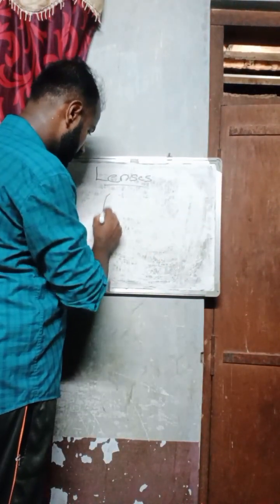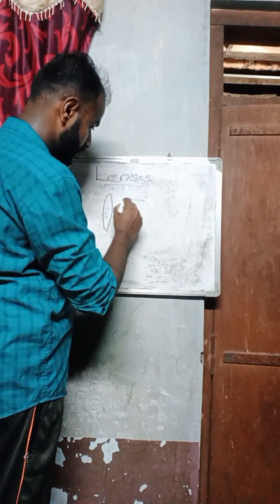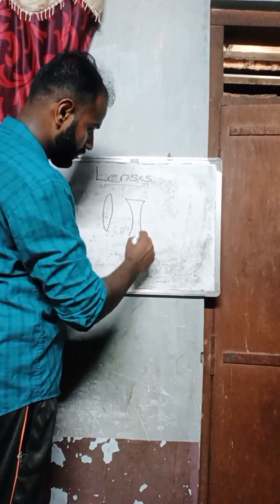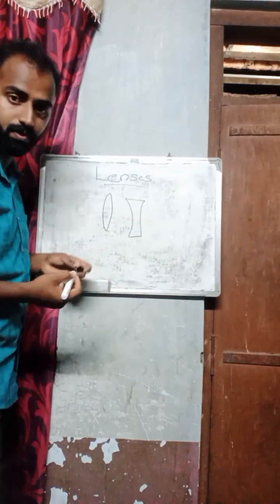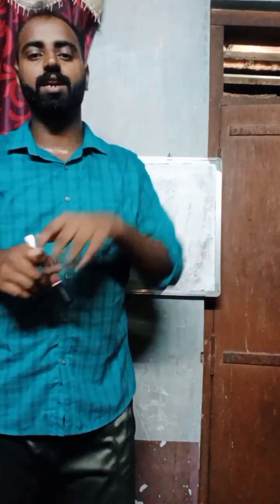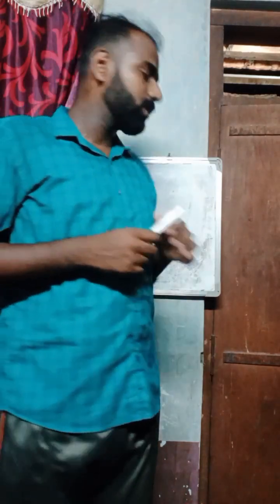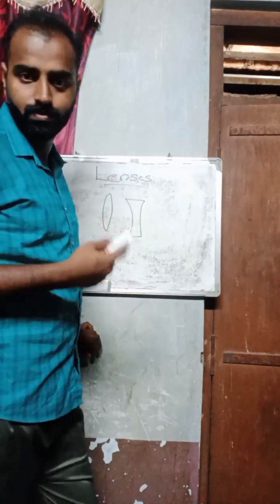This is a convex lens. This is a concave lens. You know the concave means the cave shape. It's the shape of a cave. So we can remember concave, convex. So from here I'm trying to develop the definition of lens.